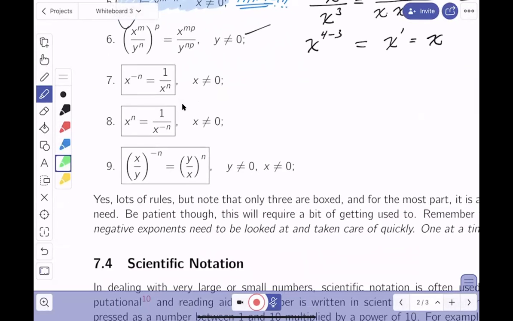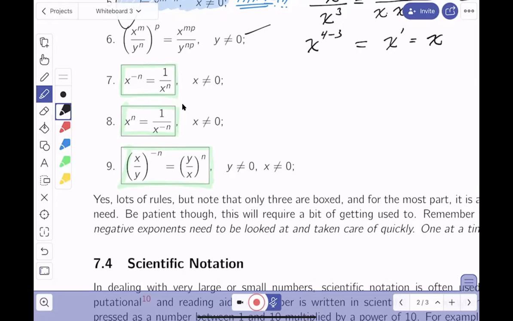So I'm going to claim these guys over here are really, really important. But I want to tell you why they're important. Negative exponents are troublesome. So what I want to write down is the direction I want to go in.